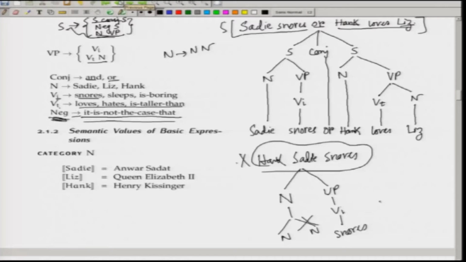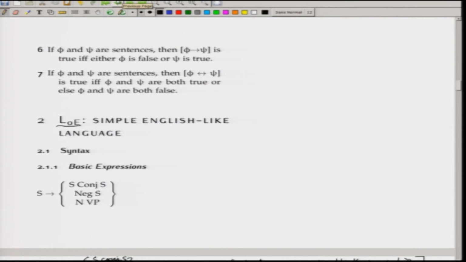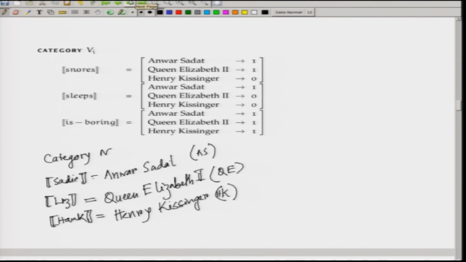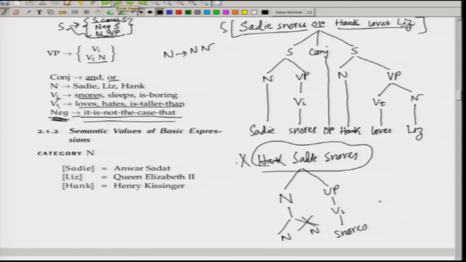Okay. Now, the semantic values of basic expressions, and we have seen that there are categories, right. In the previous slide we have seen categories like category N, category VI. So, these are the categories: conj, N, VI, VT, neg.